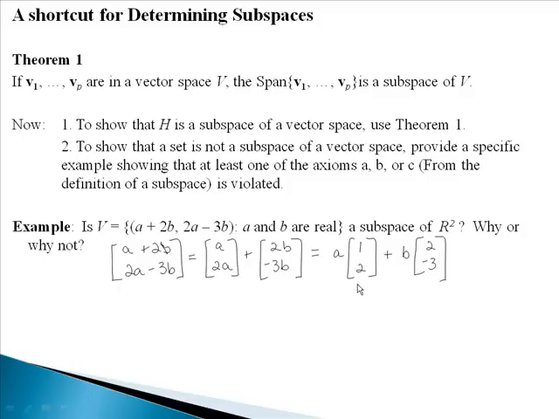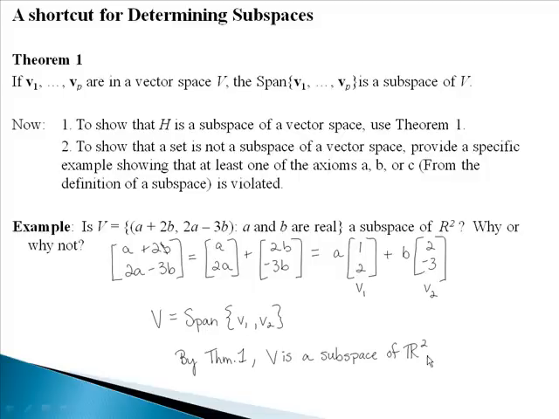And if we define these vectors here as V1 and V2, and these vectors V1 and V2 are vectors in R2, and A and B are scalars being multiplied by them, so this is a linear combination of those two vectors. And so what we've just shown is that V is equal to the span of the two vectors we just defined, V1 and V2.